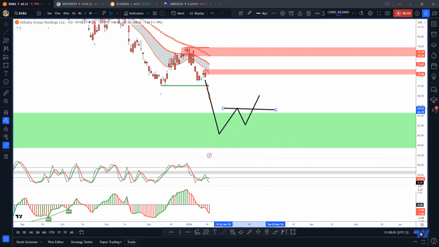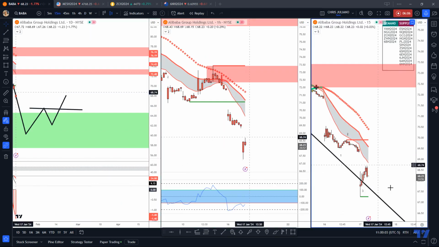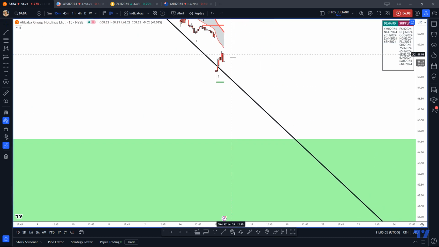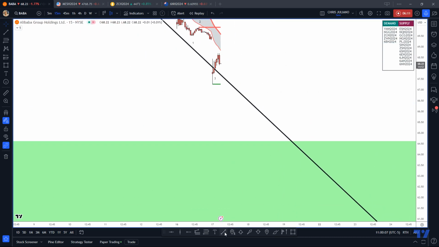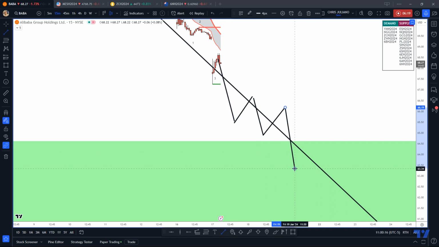Okay, so on the lower time frames, like that 15-minute chart, price might just start following down, become extended, like this.